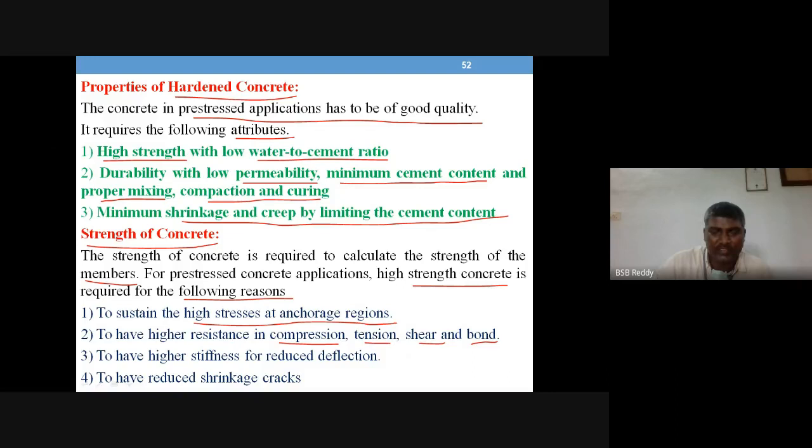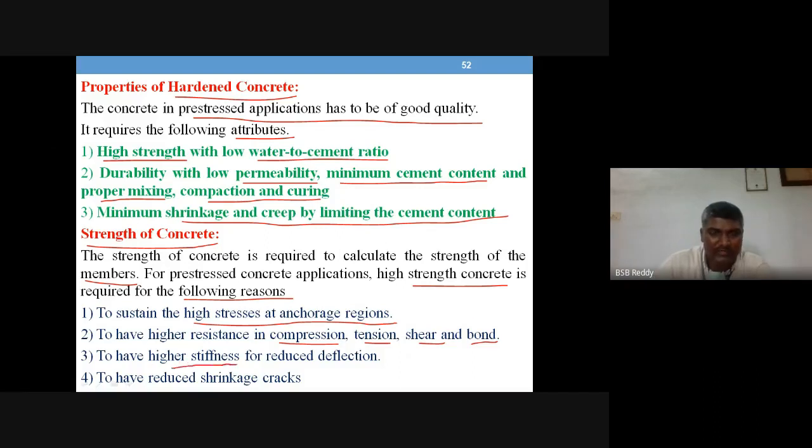These are directly proportional to the strength of concrete. If fck is high, compressive strength will be high, and it can have higher tensile resistance, higher shear resistance, higher bond resistance.